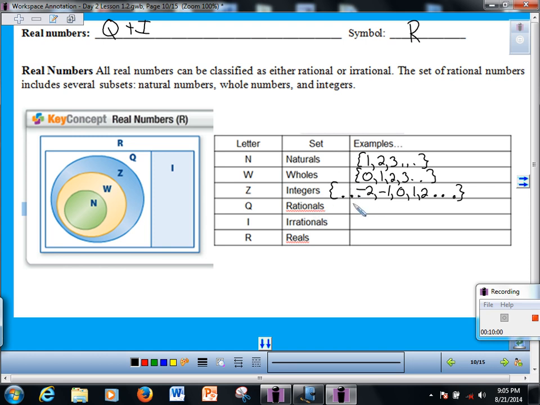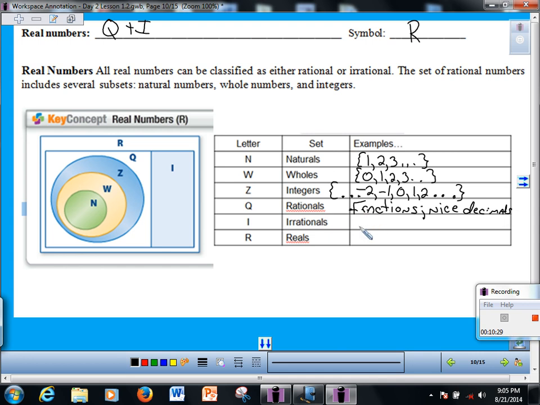Rational numbers, there comes our fractions. And then decimals that stop, I'm going to call them nice decimals. Decimals that stop, decimals that repeat.